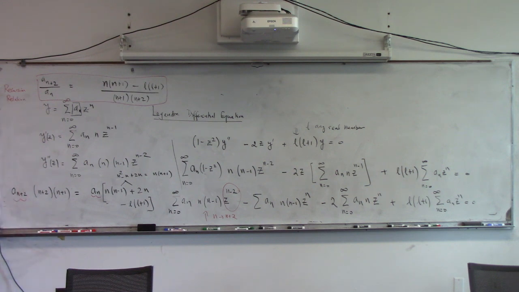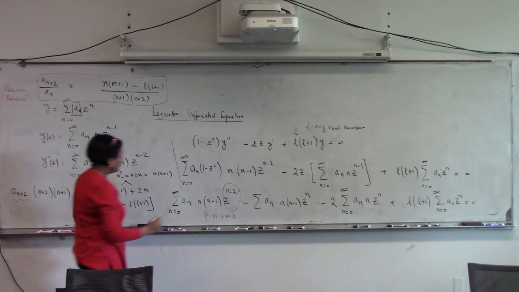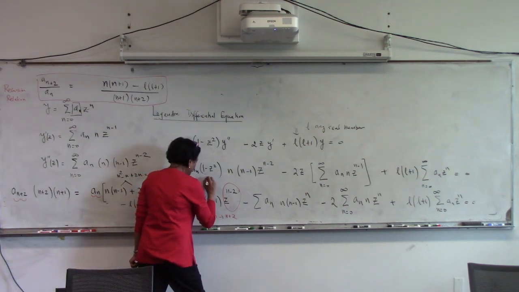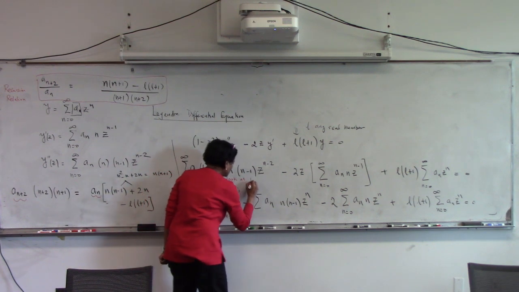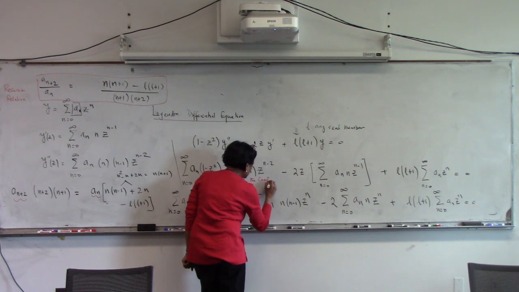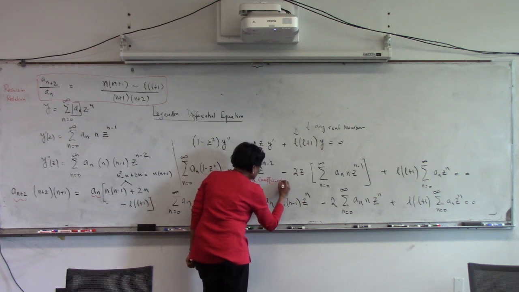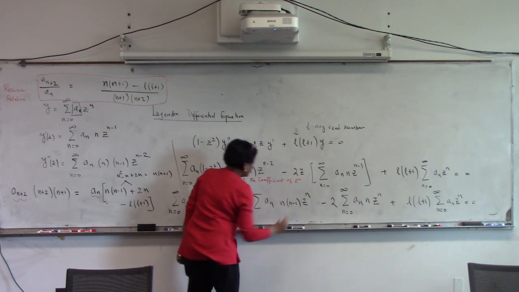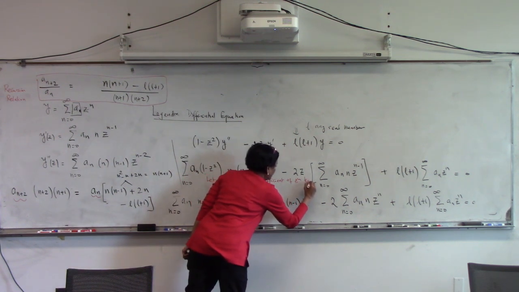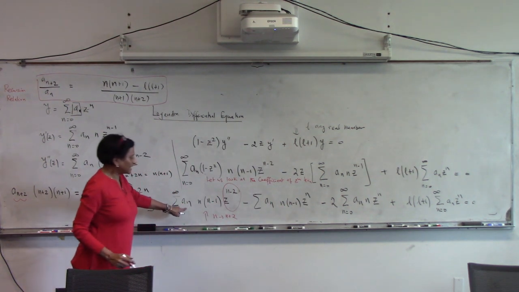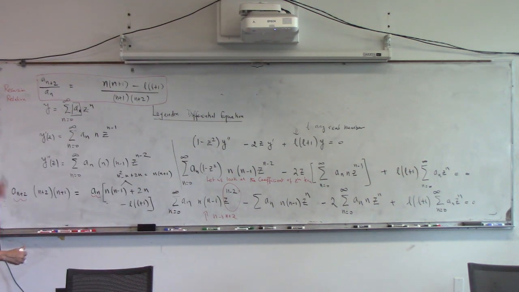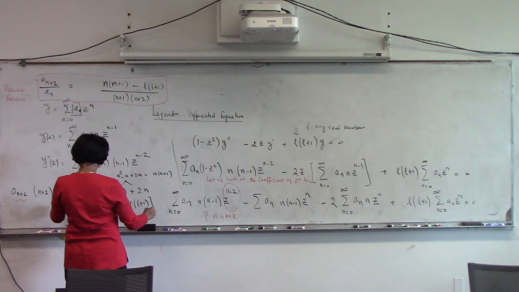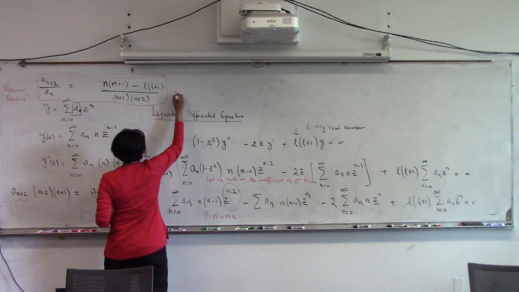Is this clear? All I've done is looked at the coefficient of here. This has to be satisfied for each power of z, z to the power 0, z to the power 1, and so that leads to the following recursion relationship.